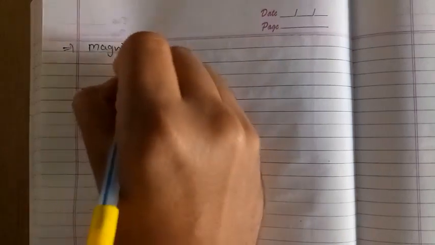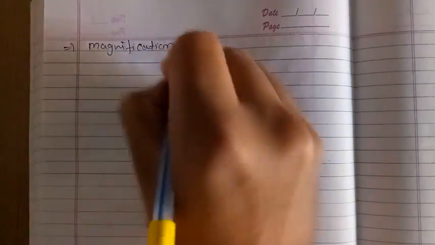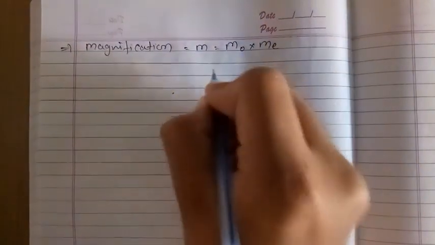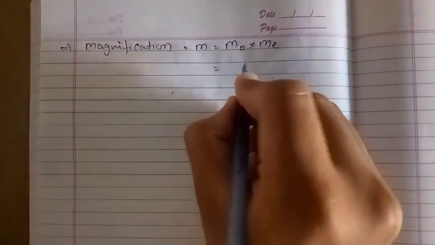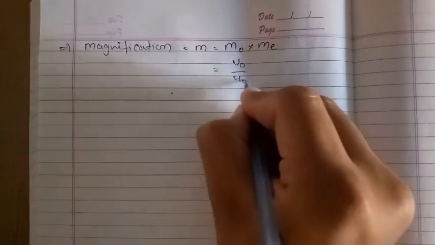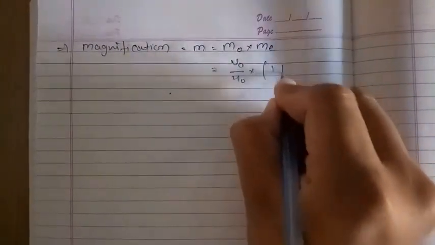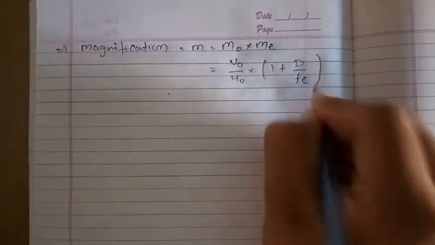So here magnification, M is equal to MO into ME. We know M is equal to V by U, so VO upon UO into ME. Here near point is there, so ME is 1 plus D by FE.